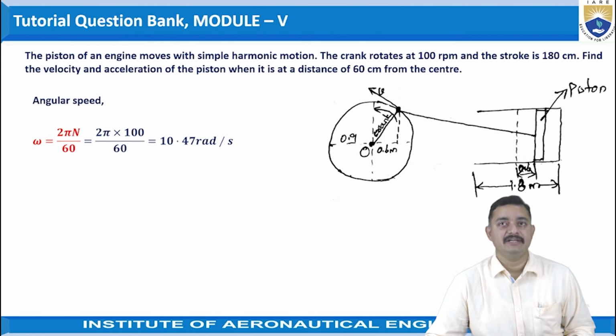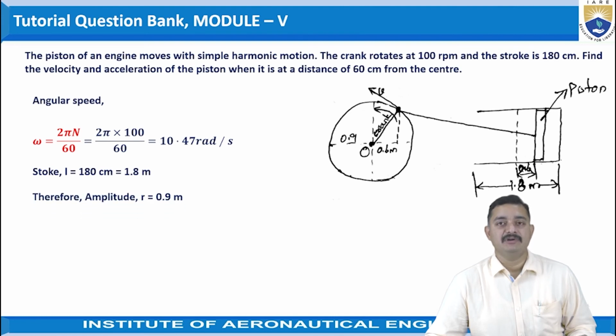So the angular speed omega is equal to 2 pi N by 60. If we calculate, the angular speed omega can be obtained as 10.47 radians per second. Hence the stroke length L is equal to 180 centimeters, that means it is 1.8 meters. Therefore the amplitude r is given as 0.9 meters.